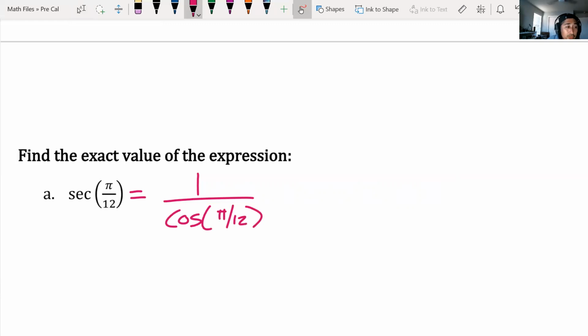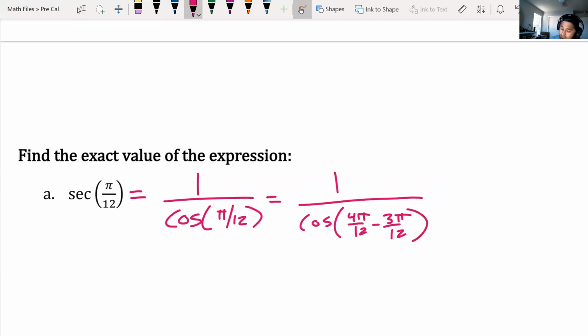And now we can break the cosine of pi over 12 down into 2 separate fractions. We did this before on the first page. You can make this the cosine of 4 pi over 12 minus 3 pi over 12. Would that give me pi over 12? Yes.